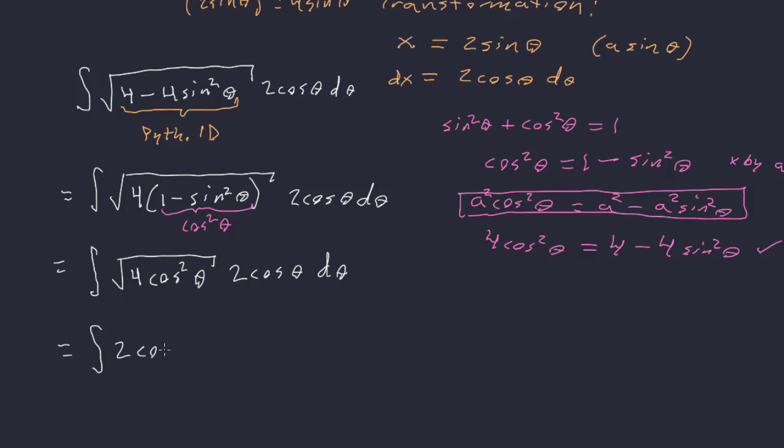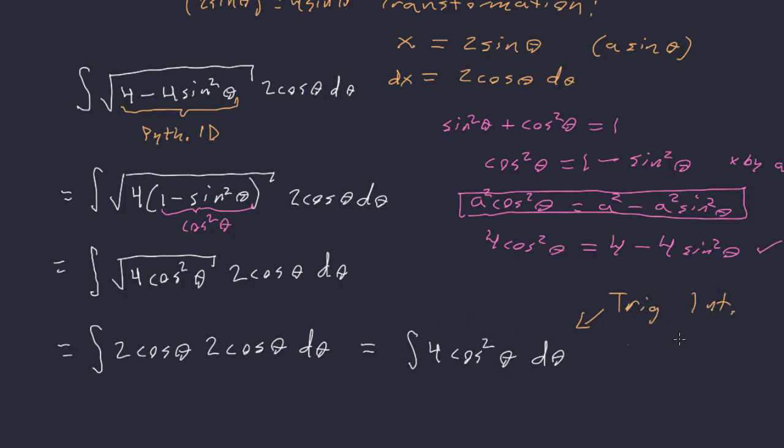So we'll get 2 cosine theta here. Now I already have a 2 cosine theta d theta, and now this simplifies down to be 4 cosine squared theta d theta. And now this is one of our trig integrals from last time. So this is a trig integral.